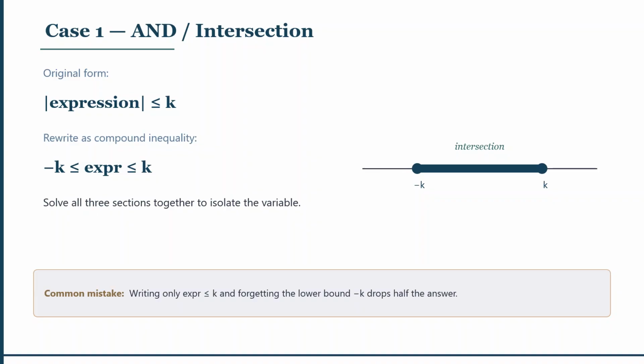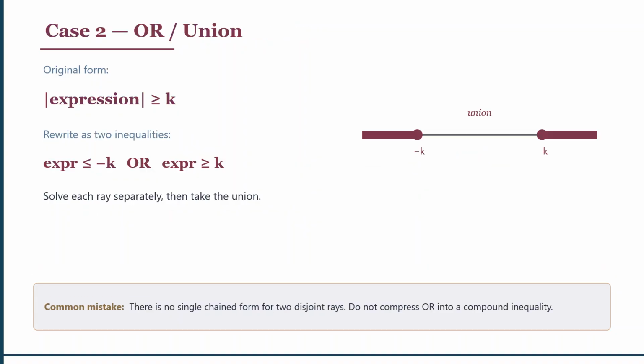Solve all three sections simultaneously, just like last week's compound inequalities. Geometrically, the solution is one bounded interval centered on 0 with radius k. If the inside expression is shifted, like the absolute value of x minus 3, the interval is centered on the shift point.